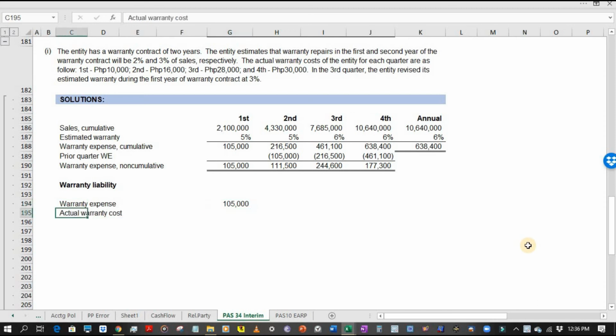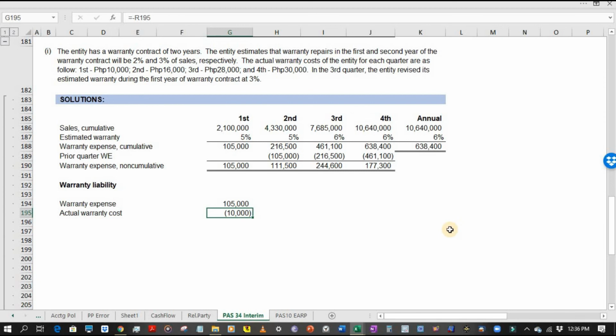Then we have an actual warranty cost, which is 10,000 pesos. Of course, this is a decrease from the 105,000 pesos warranty expense, which just simply means that out of 105,000, we have already paid 10,000 pesos. And the remaining liability as of the end of the first quarter is 95,000 pesos.